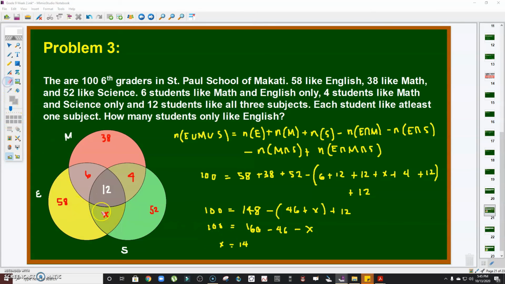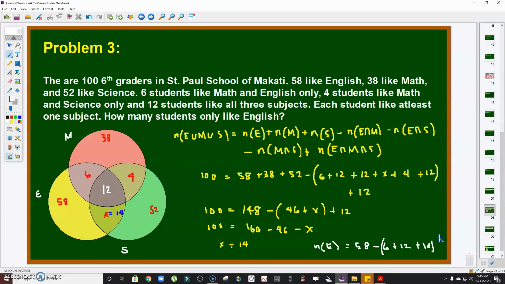So, lagyan ko to. This is 14. But ang question, how many students like English only? So, meaning, kung 58 yung English, itong entire region na to, you have to subtract 6, 12, and 14 from 58.